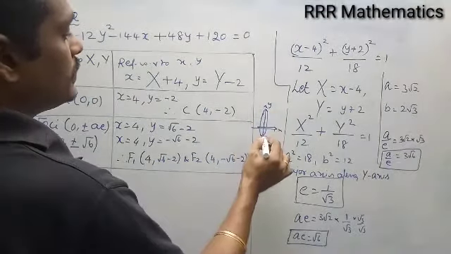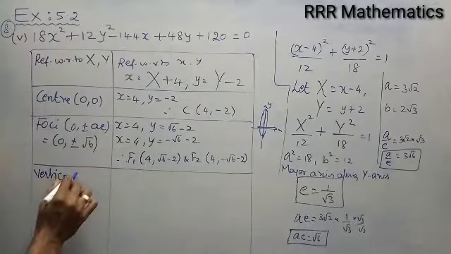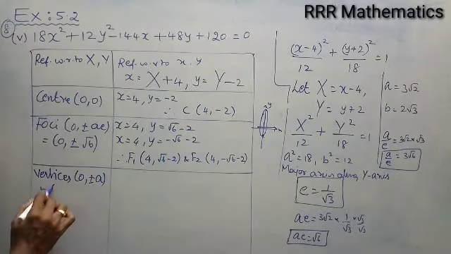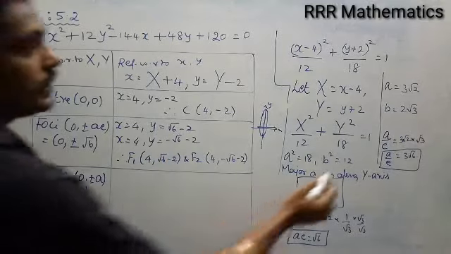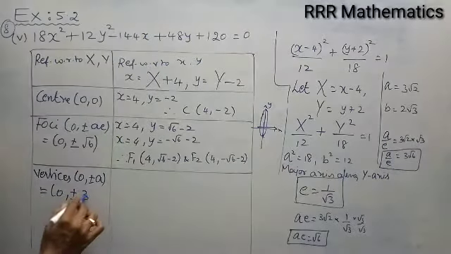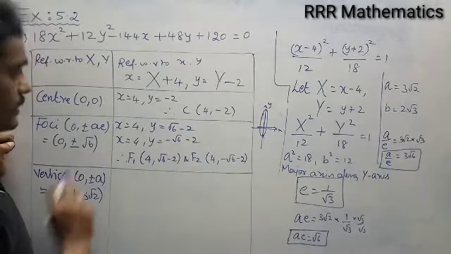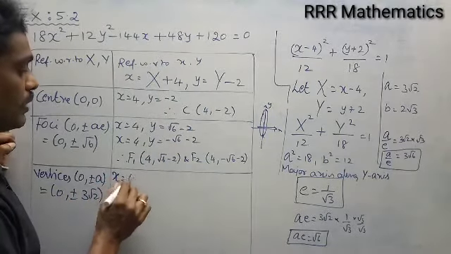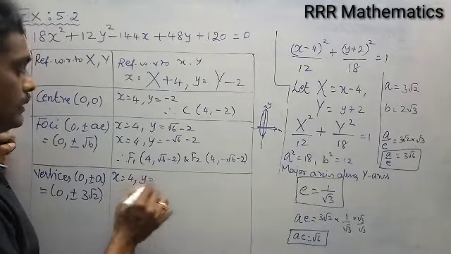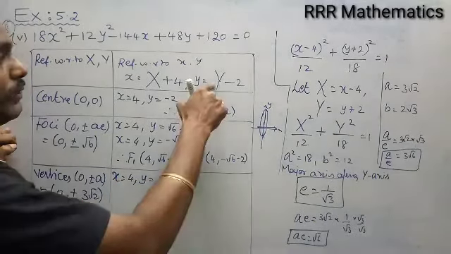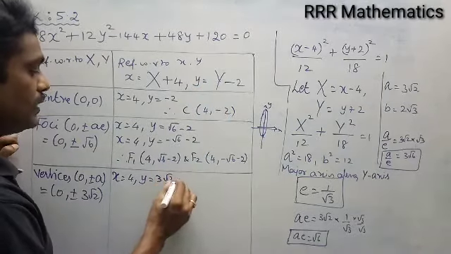So now finding vertices. From the dummy figure, the vertices which are on the y-axis, so 0, plus or minus a. That is 0, plus or minus, what is a? 3 root 2. When you replace your capital X as 0, it gives a small x value 4. And 3 root 2, which is the capital value of y, when you replace here, it gives 3 root 2 minus 2.